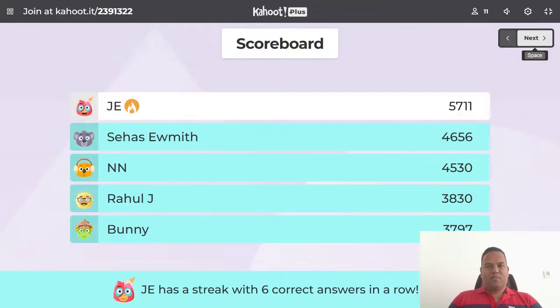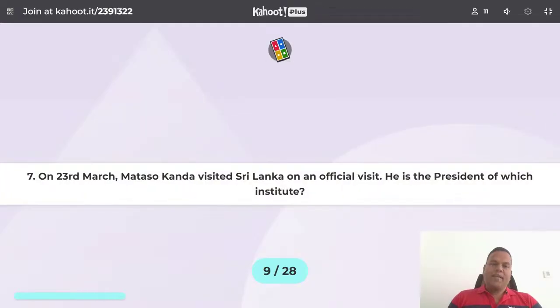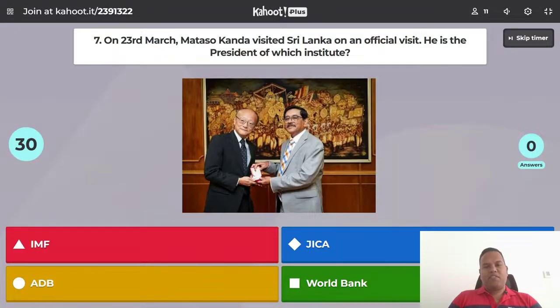Okay, so from a dignitary as a president, on 23rd March, Masato Kanda visited Sri Lanka on an official visit. He is the president of which institute? Is he the president of the IMF, JICA, the ADB, or World Bank? If we had people from Central Bank, I believe they would ace the quiz because some of these are their day-to-day life.